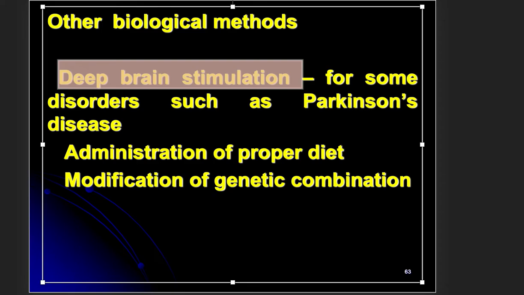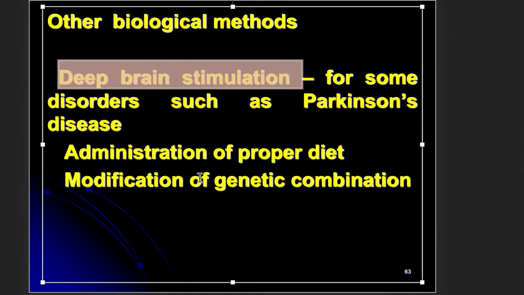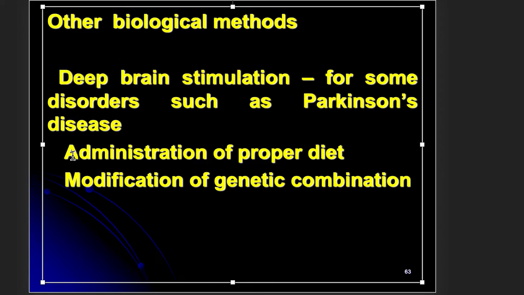Parkinson's disease, good class, is located at the very bottom of your brain, deep inside. So it is difficult to operate on because the chances are lesser. That's why they use brain stimulation for some disorders such as Parkinson's disease. And also adopted is the therapy that I mentioned earlier.